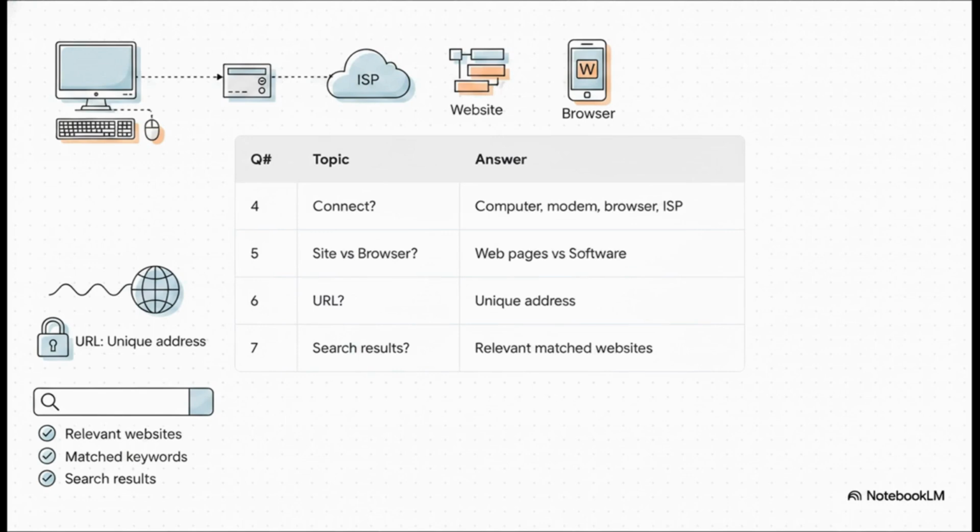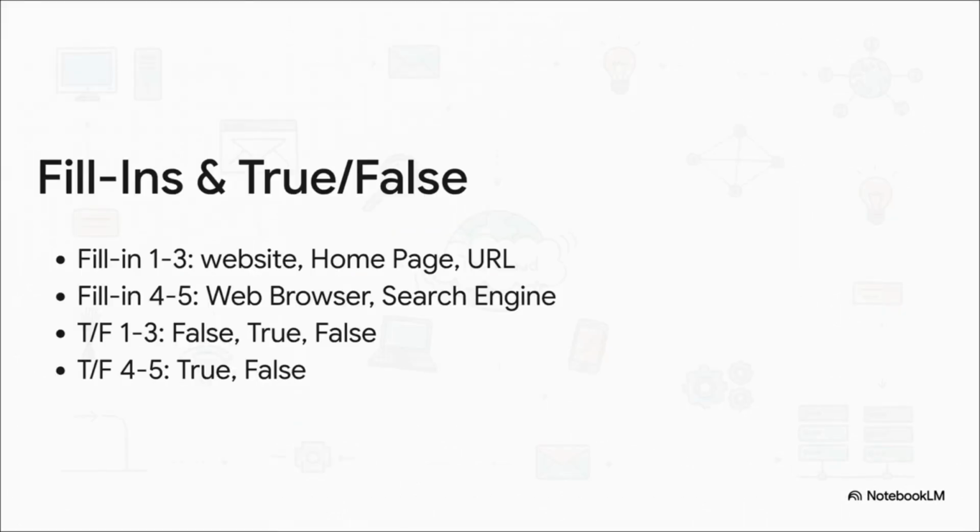The main difference for question 5 is that a website is a bunch of linked pages, while the browser is the software you use to actually look at them. And finally, a URL is just a unique address, while search results are the matching websites you get back after looking something up. Okay, zooming through the fill-in-the-blanks.